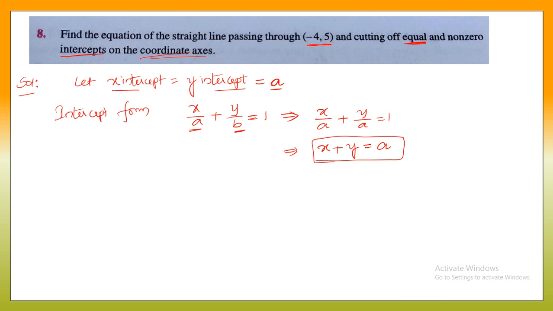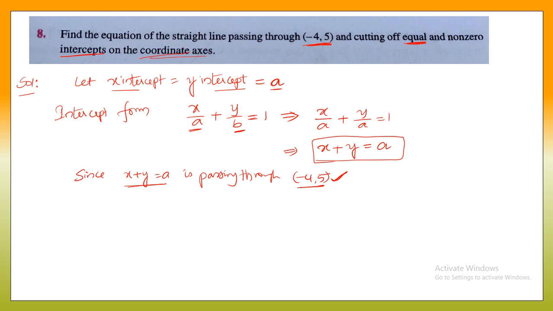But what he has given is that this straight line is passing through (-4, 5). Since x plus y is equal to a is passing through (-4, 5), it should satisfy this particular point.